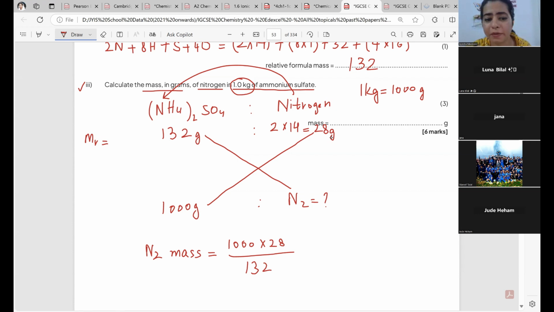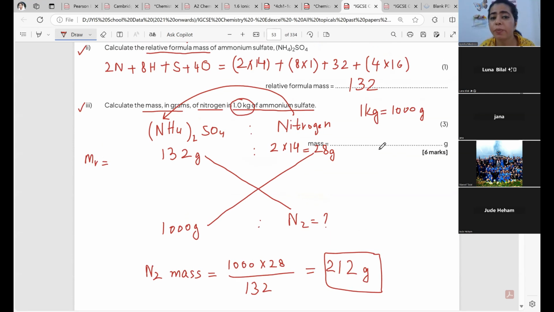Solve it and tell me the answer. It's 212.12, a repeating number, so you can write 3 or 4 digits in total: 212 grams. I hope this question is clear.